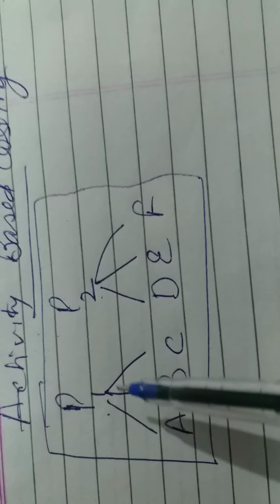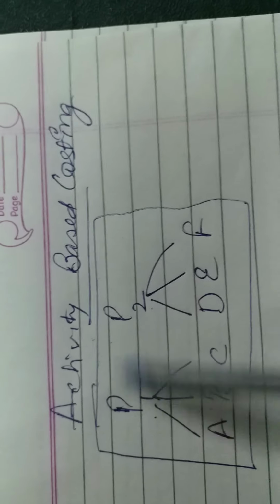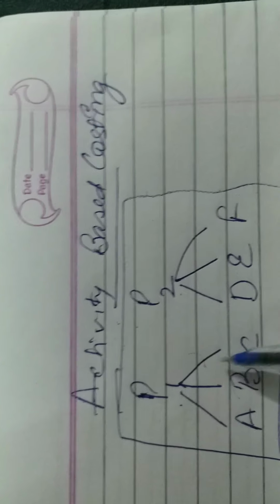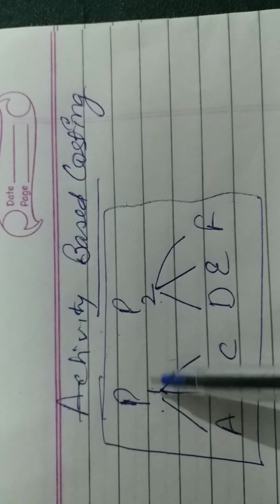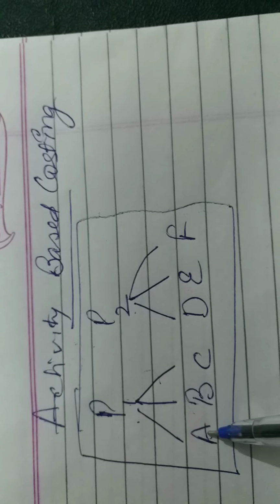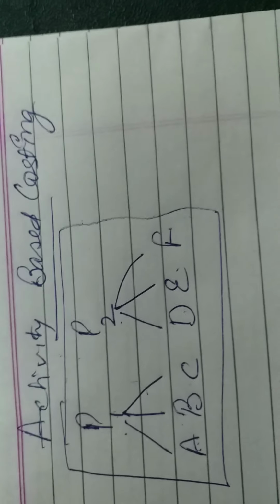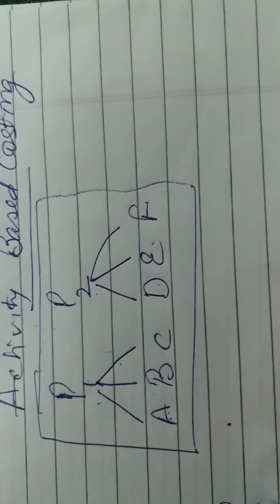So how are the overheads incurred within this factory boundary to be divided between production departments P1 and P2, and further among their products A, B, C, D, E, F? Now, the traditional base was the blanket rate method.